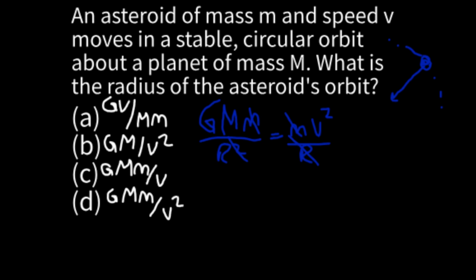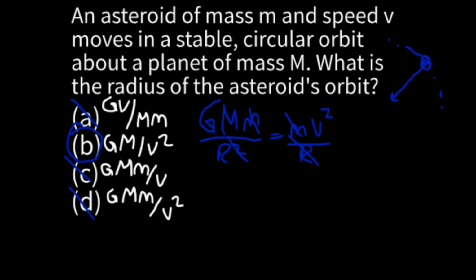Now let's just take a look at our options and see if we can cross any out. A and C both have the mass of the asteroid in them, and we've already gotten rid of that variable, so we're left with B. Actually, D cancels out too, so it looks like B is our answer.